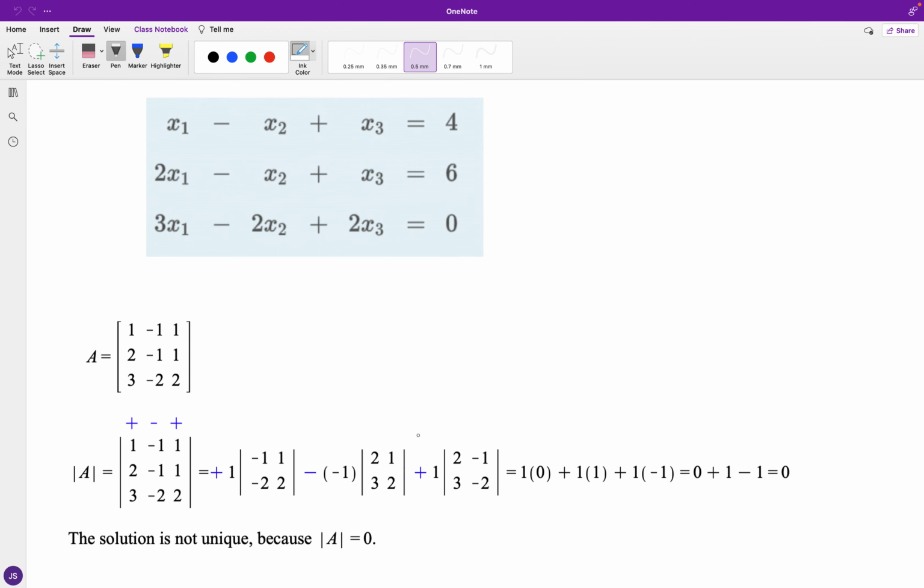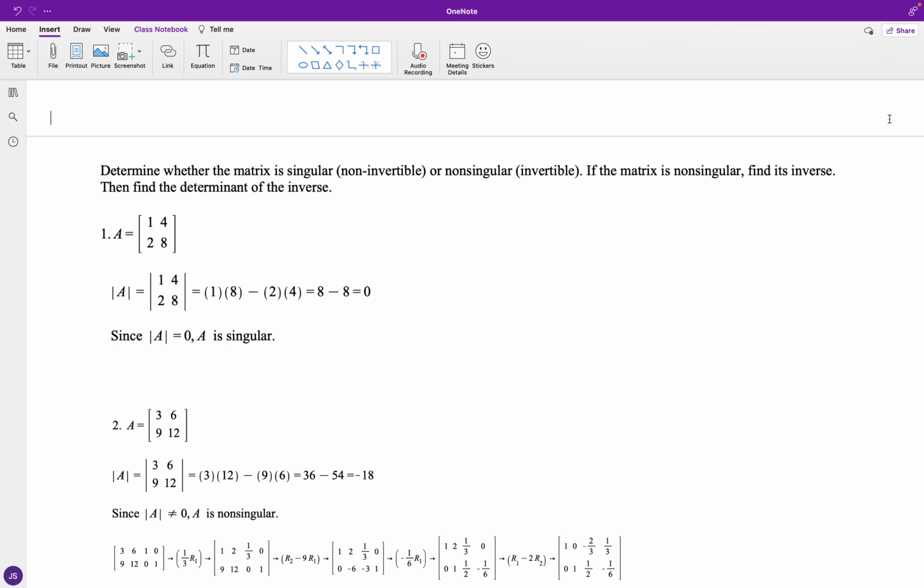And in this particular case, the value of the determinant of A is going to come out to 0. For that particular system of equations, you're not going to have any unique solution because the value of the determinant of the coefficient matrix A comes out to 0.